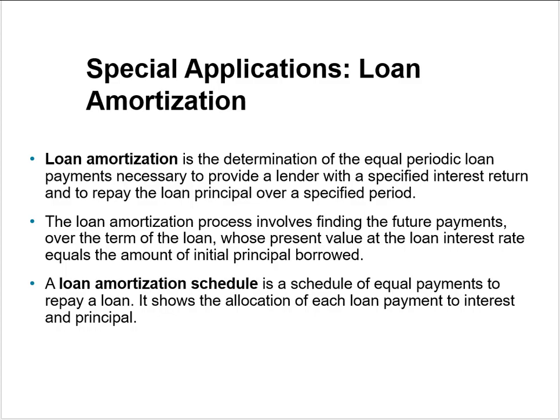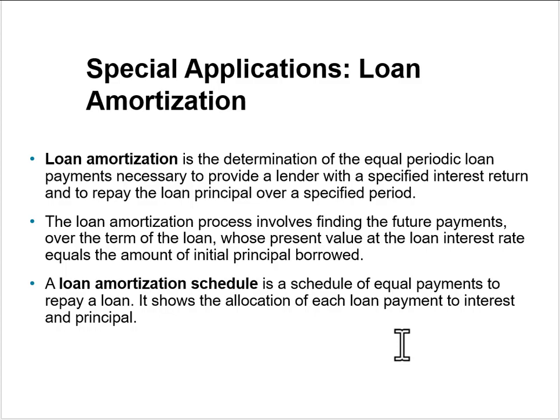And we can create what's referred to as a loan amortization schedule. And this is going to show us how each payment is broken down into its interest and principal components. The reason this is important for a business is that interest is tax deductible.